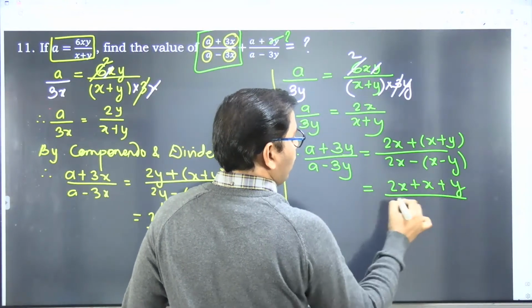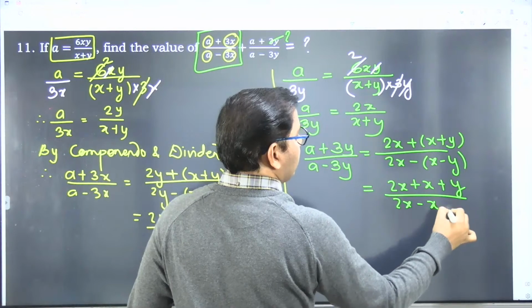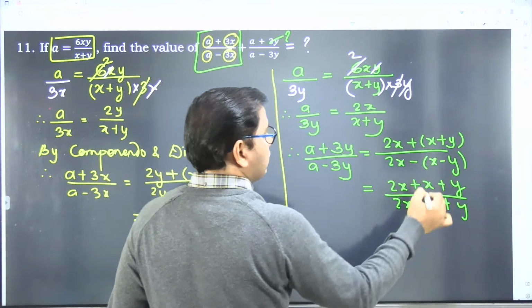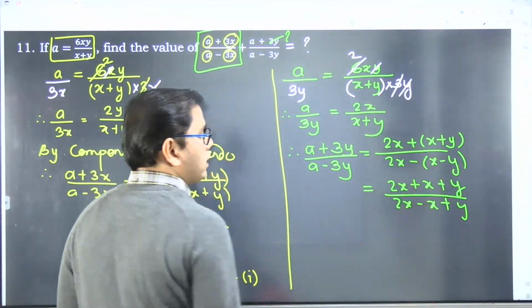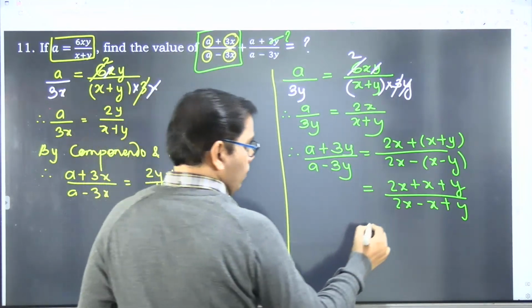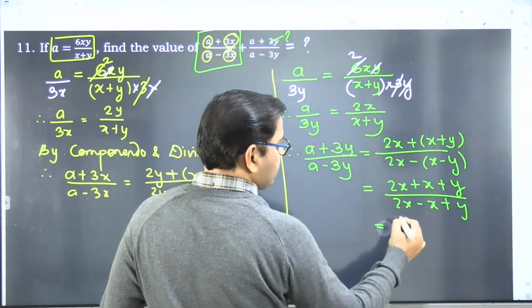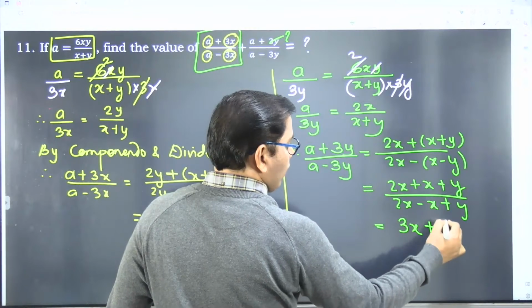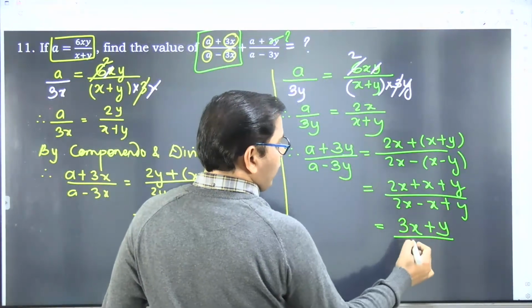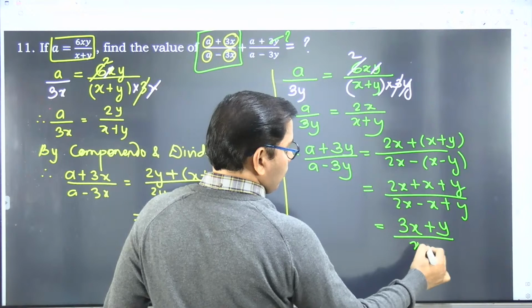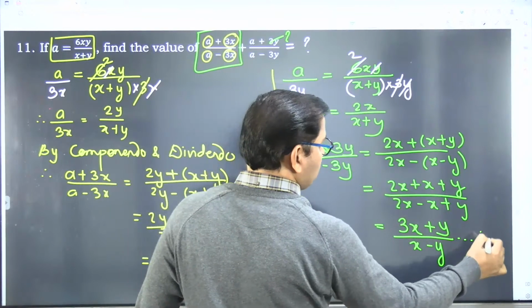But when I open the bracket with the minus sign, plus positive x becomes negative x and negative y becomes a positive y. 2x plus x is 3x plus y, and 2x minus x is x minus y. This is equation number 2.